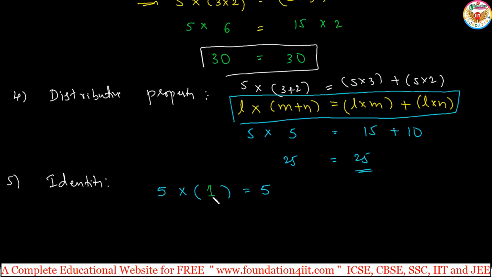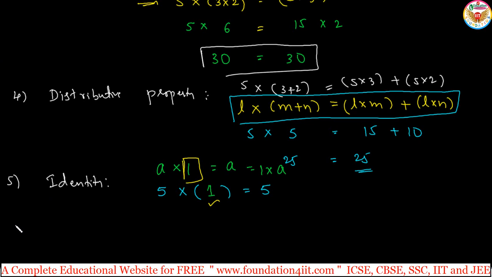For every integer a, a into 1 is equal to a, and that is also equal to 1 into a. That's why we call 1 the multiplicative identity. If you multiply any integer with 1, we'll get the same number.